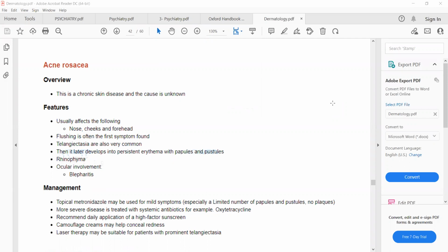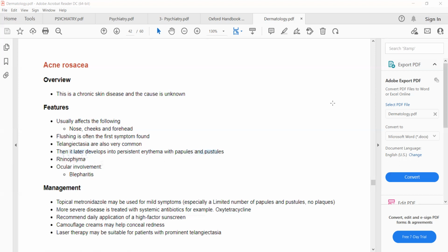In acne vulgaris, papules and pustules are present, but there is no flushing or erythema usually. Acne vulgaris is caused by Propionibacterium acnes, while the cause of Acne Rosacea is not usually known.